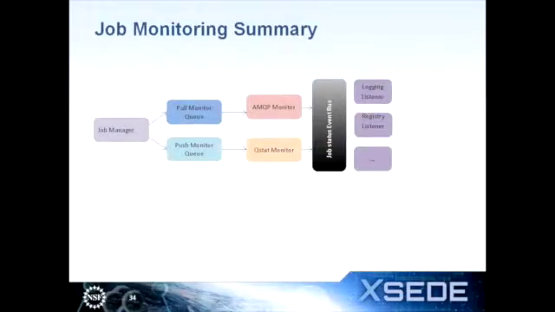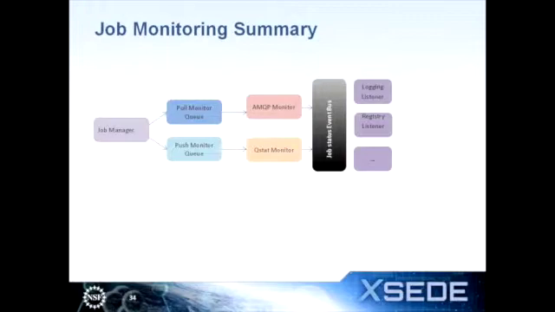This is the architecture of the job monitoring tool. We basically have a queue-based approach: we have a queue for pull monitors and one for push monitors. The job manager is the object that the gateway developer has to program against.